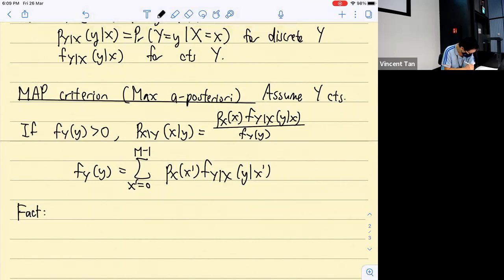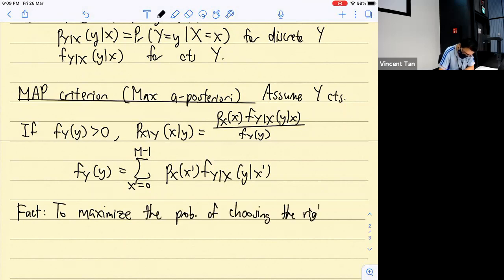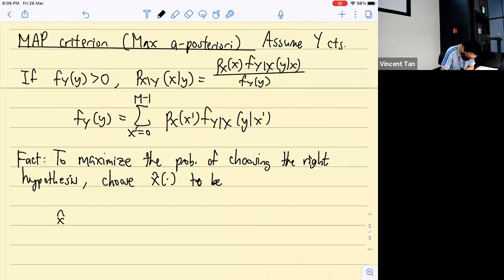We want to maximize the probability of choosing the correct hypothesis. And here is a small little fact. At first glance, this is not so obvious. To maximize the probability of choosing the right hypothesis, and we will make this precise in a moment, we have to choose our decoder or detector to be given by the following rule, x hat of y.